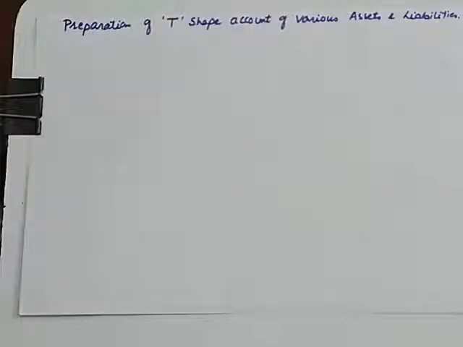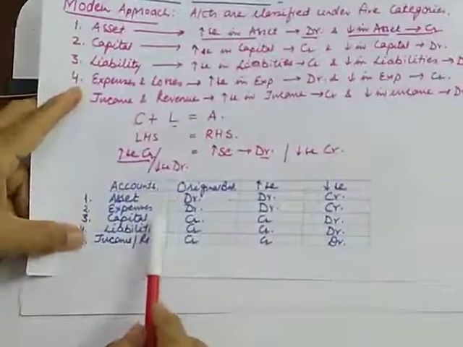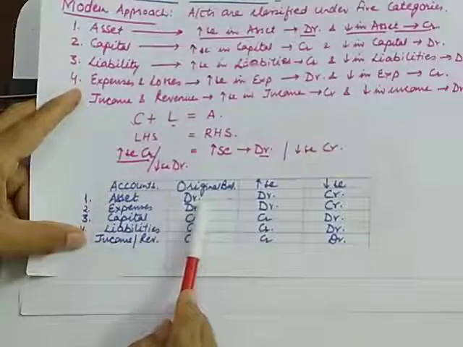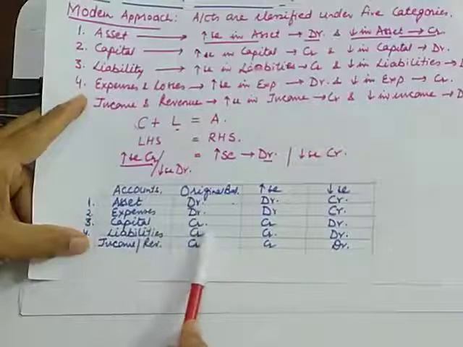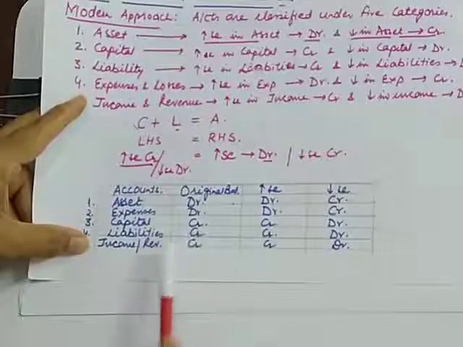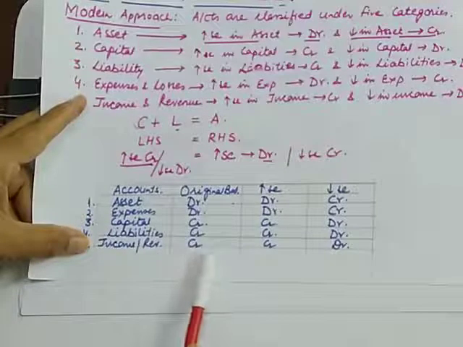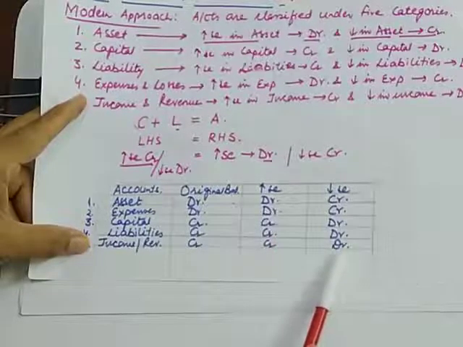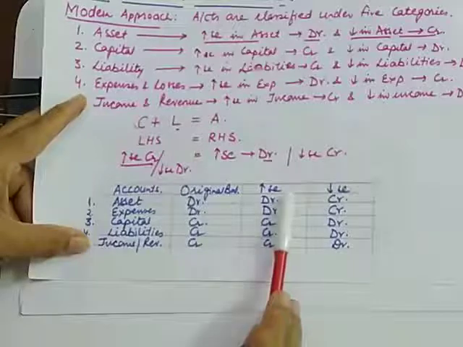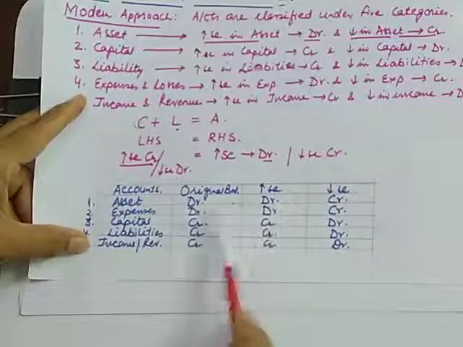In the previous lecture we learned through the modern approach the various classifications of assets and liabilities. Asset accounts have a debit balance, expenses have a debit balance, capital has a credit balance, liabilities have a credit balance, and income and revenues have a credit balance. To increase assets, you need to debit assets.